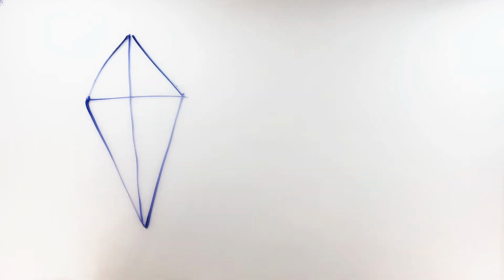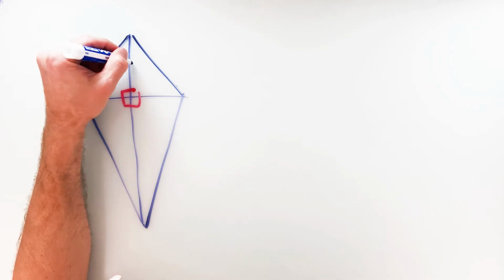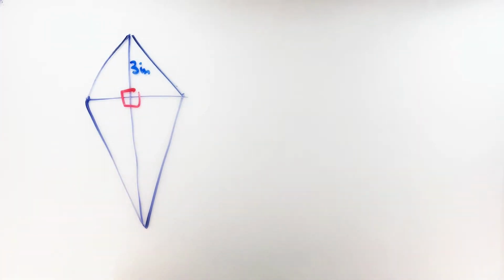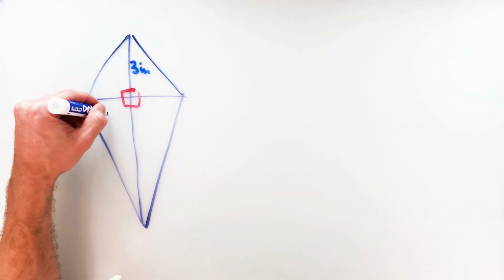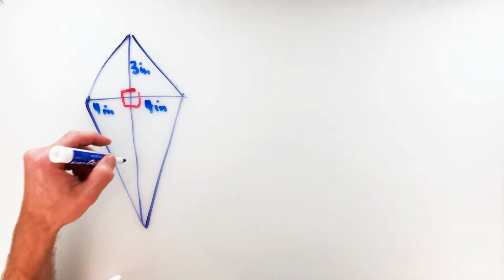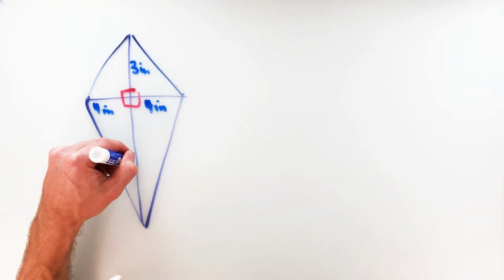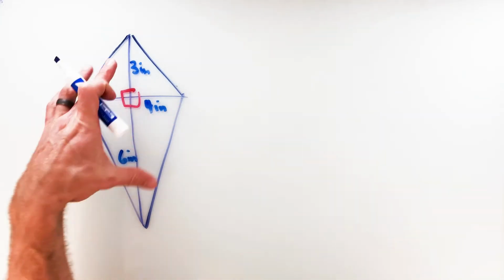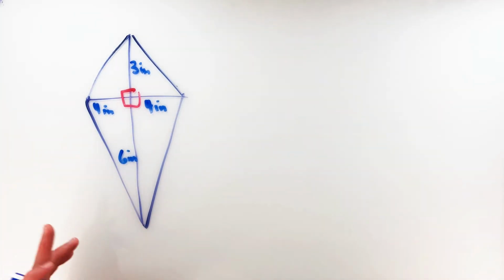Again, we've got perpendicular diagonals right there. And let's put some values in. Let's say this is 3 inches. We'll call both of these 4 inches. Not drawn to scale, by the way. And then this down here, we'll call that 6 inches. Okay, so we've got the 2 diagonals in pieces here.